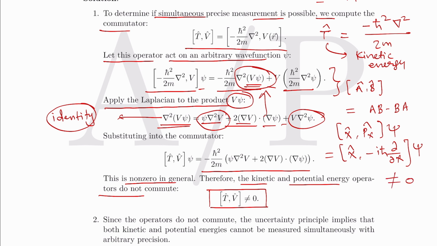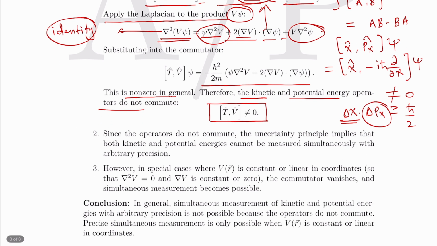That is why they cannot be measured simultaneously with arbitrary precision, and for that reason we have the Heisenberg uncertainty principle, where we have delta x multiplied by delta p x greater than or equal to h bar by 2. This is the reason. You cannot measure them with arbitrary precision, which means they are bound by some equation: the precision in x is inversely related to the precision in momentum in the same direction.